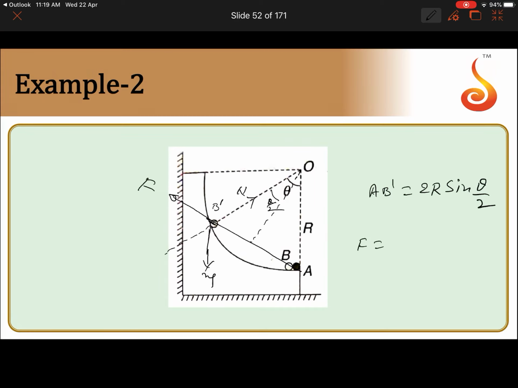So F is q by 2 into q by 2. This distance is square, 4r square.